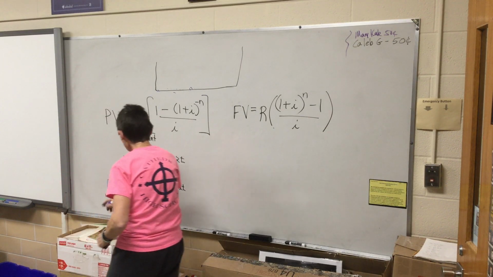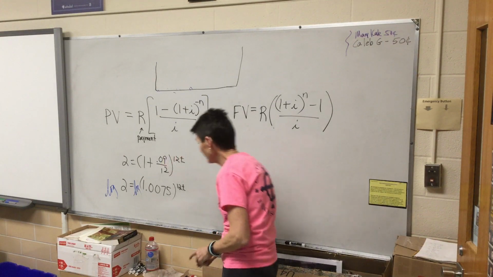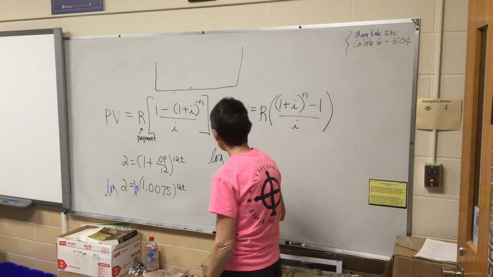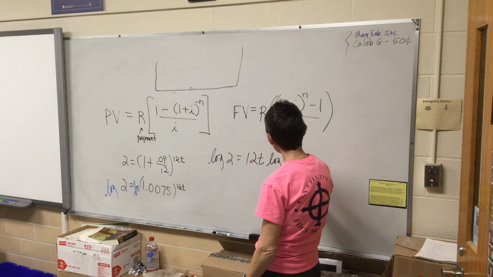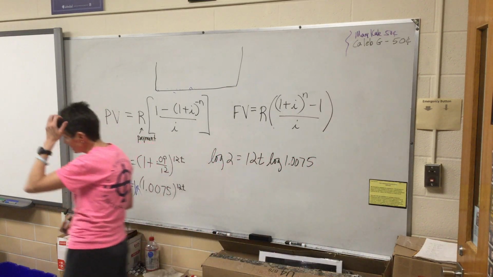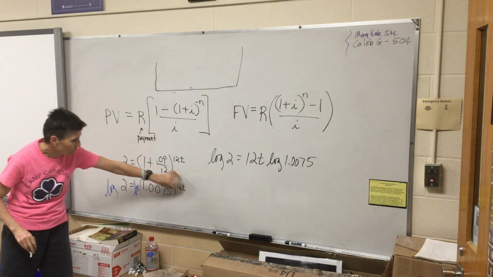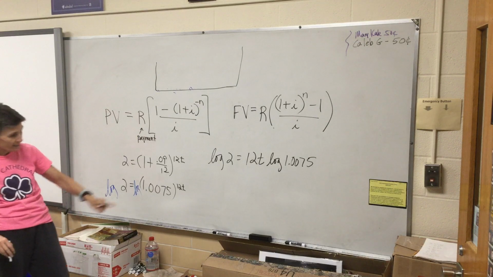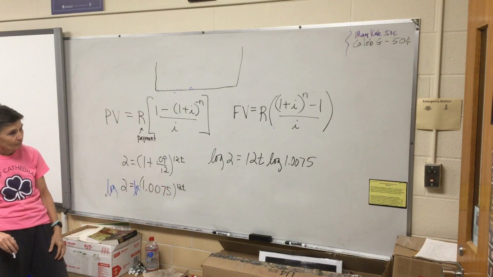Does not make a bit of difference. So I have the log of 2 equal to 12t log 1.0075. Remember, the whole purpose of taking the logarithm is so you can pull the exponent off. Now I can solve for it. I can't solve for it when it's up high. I have to bring it down.